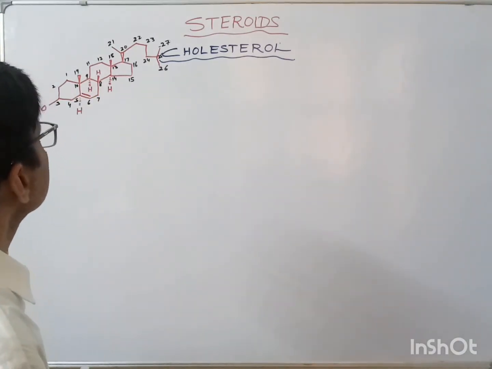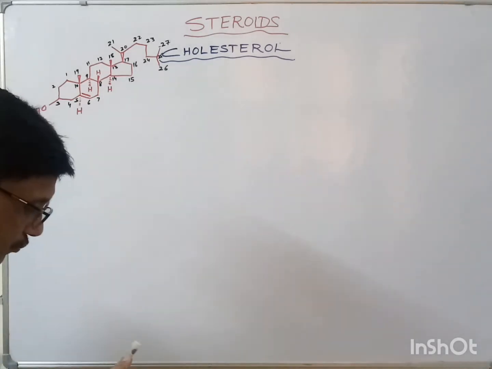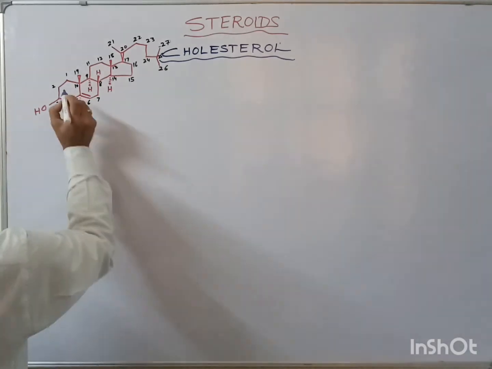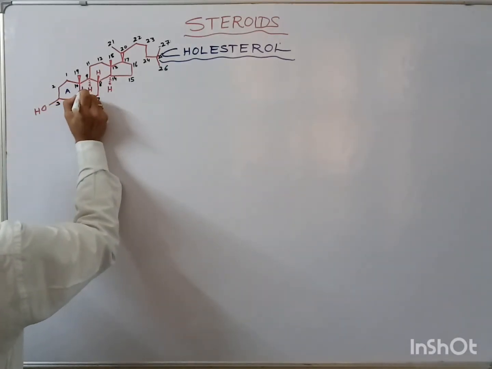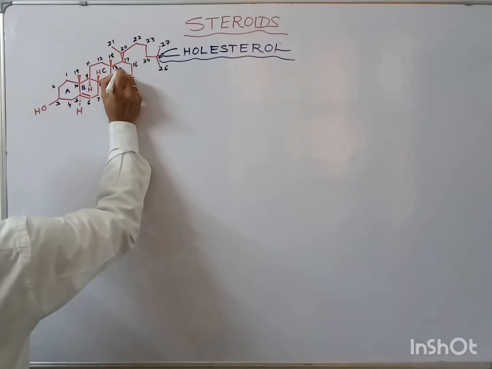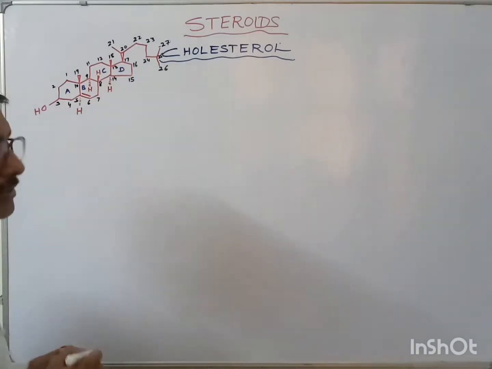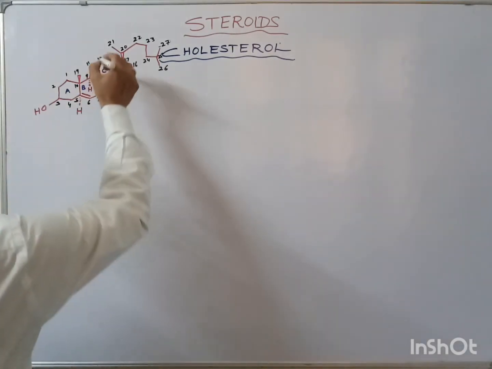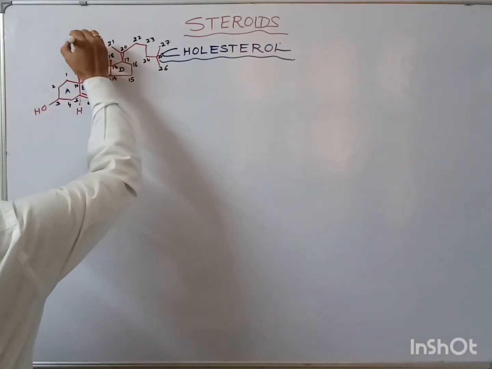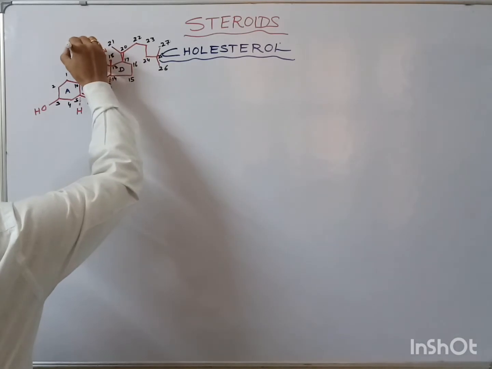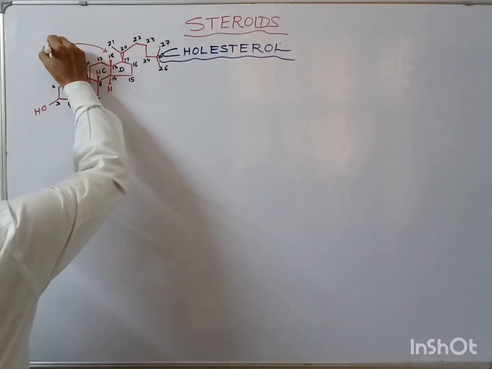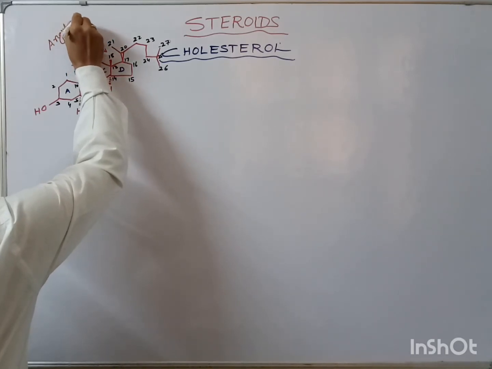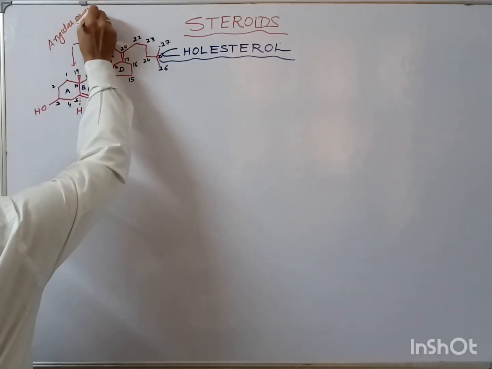So this is the structure of cholesterol, and if I label it, this is our ring A, this is ring B, this is ring C, and this is the 5-membered ring D. Now these two methyl groups are called the angular methyl groups.